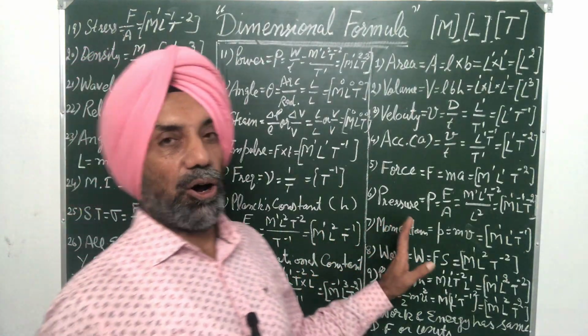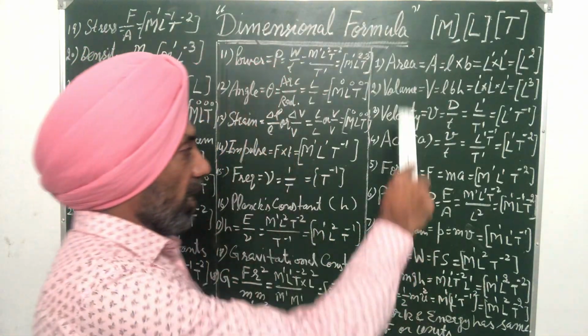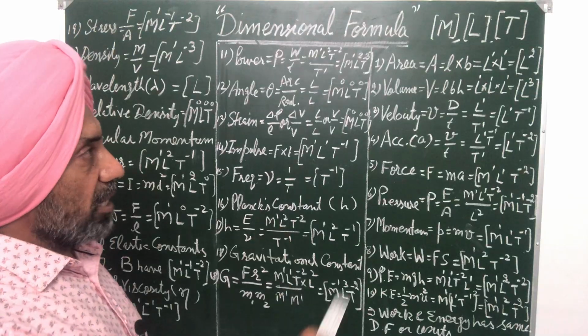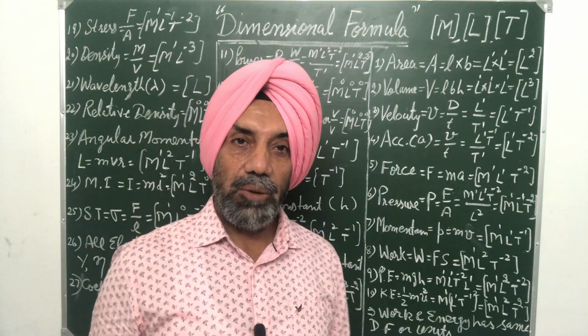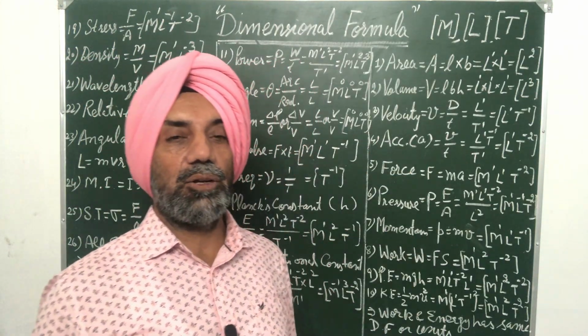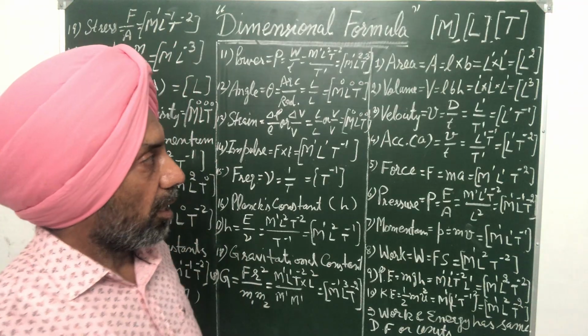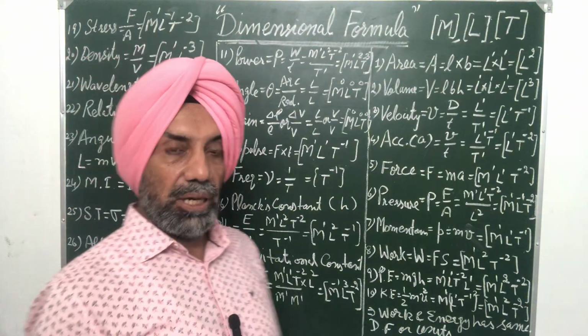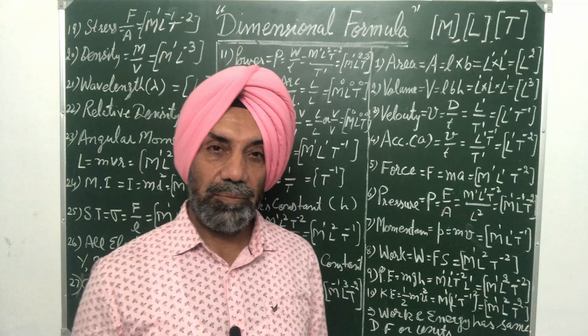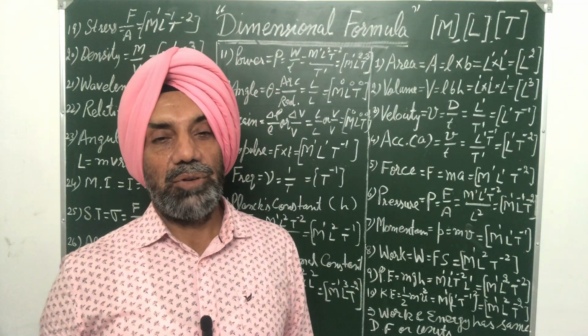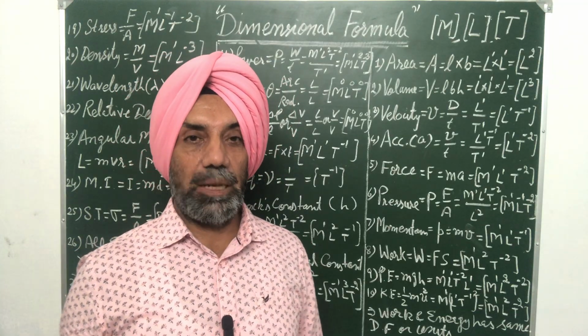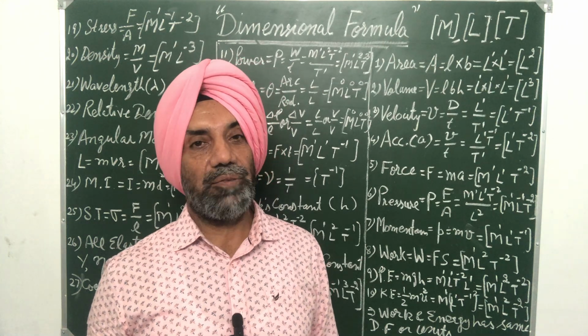Now, on the basis of this dimensional formula or dimensional analysis, we can divide all the physical quantities into four categories. Number one, dimensional variable physical quantities, means those which have dimensions and are variable, that is, their value is not fixed.